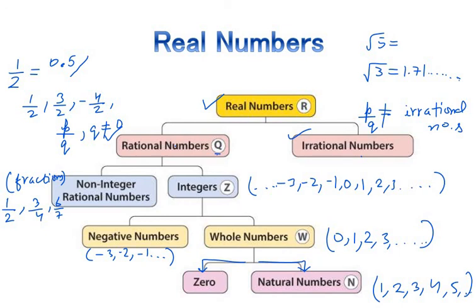Then we have negative numbers and whole numbers. Negative numbers are all the negative numbers we have. Whole numbers are 0 and all the counting numbers. Then whole numbers are divided into two parts, that is 0 and natural numbers. Natural numbers are the counting numbers. So this is what we have as the basic concept of real numbers.